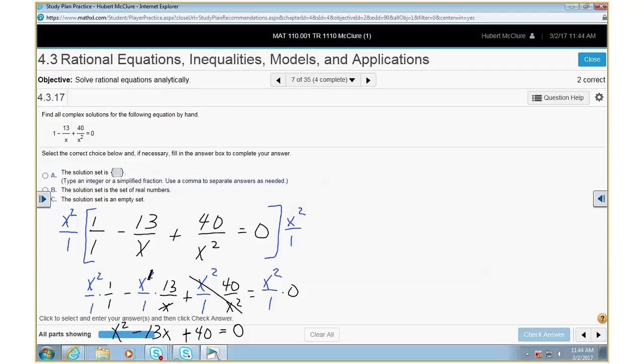now you can use factoring if you want to use factoring, or I'm going to use completing the square. X squared minus 13x plus blank is equal to negative 40 plus blank. Half of 13 is 13 halves. 13 halves squared is 169/4.